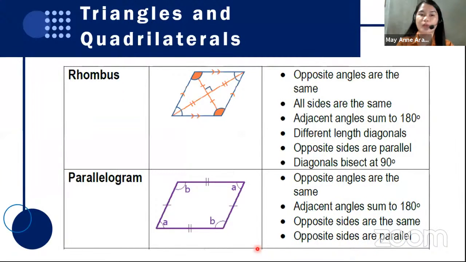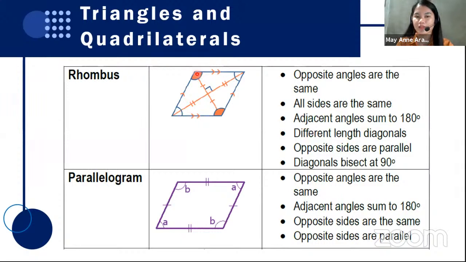Okay, we have the rhombus. In a rhombus, opposite angles are the same. So the measure of this angle is equal to the measure of this, and the measure of this is equal to the measure of this angle. Same with square, all sides of a rhombus are the same, and adjacent angles sum to 180 degrees.